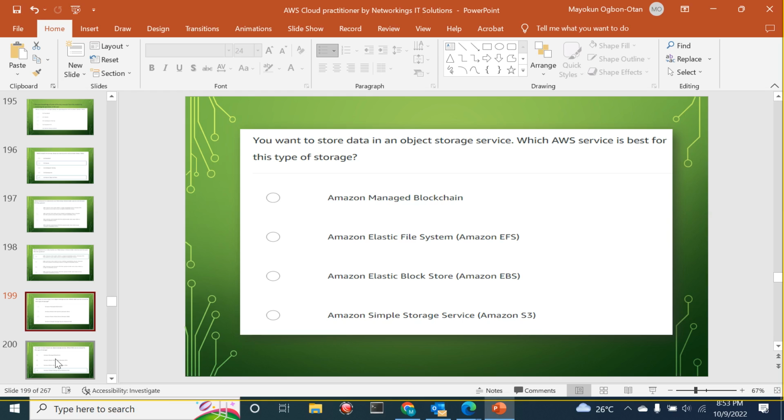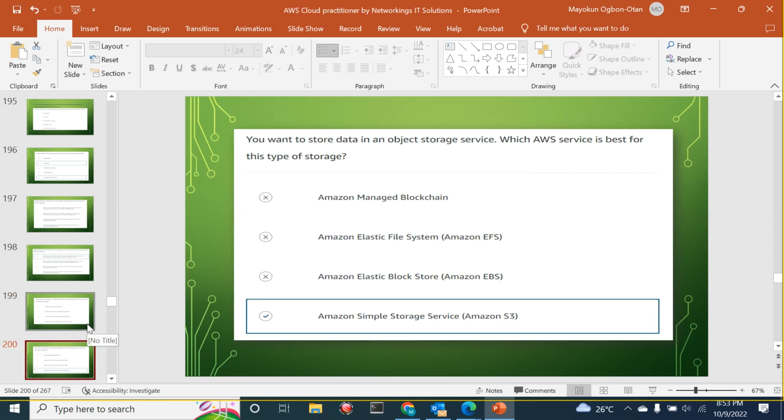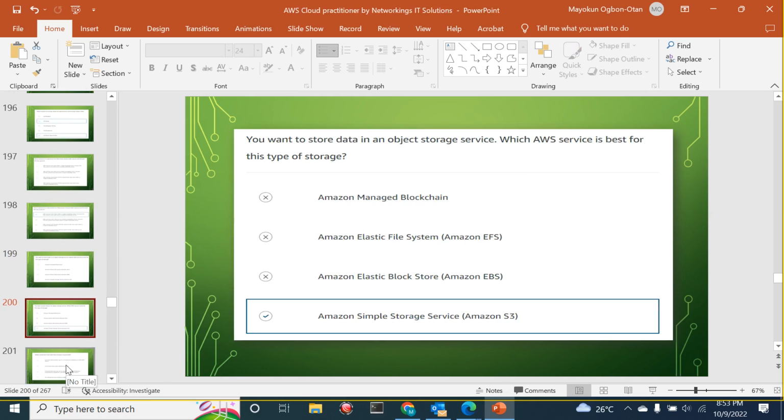Now, we said at the beginning, instance store and EBS are block level storage, while S3 is an object storage. So it's correct, picking Amazon S3.